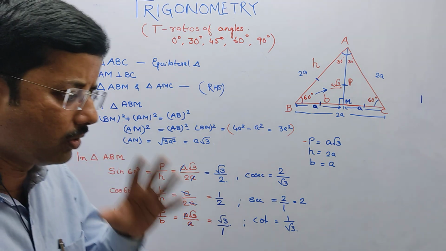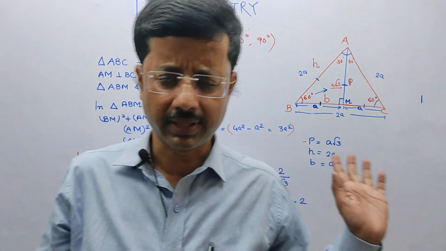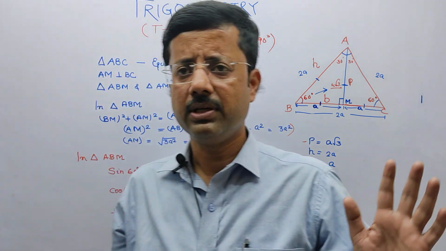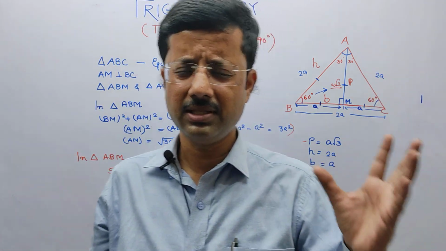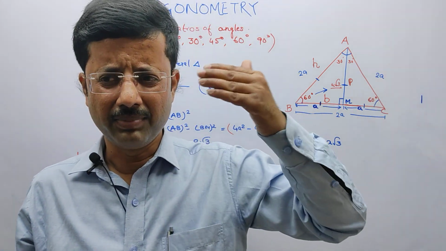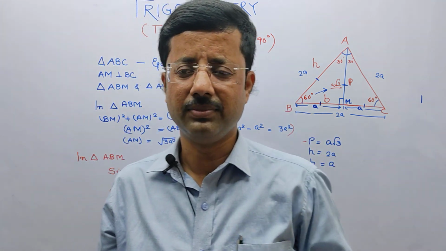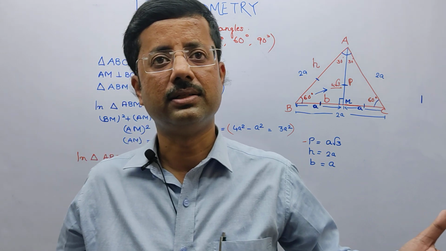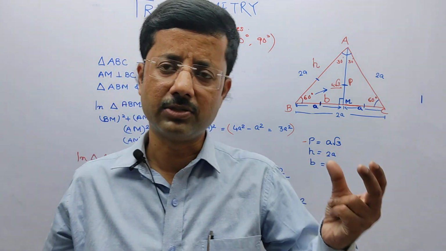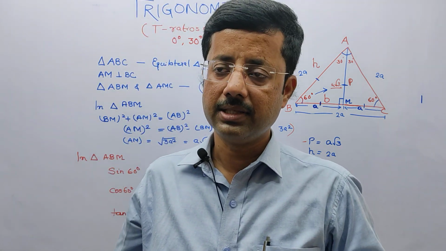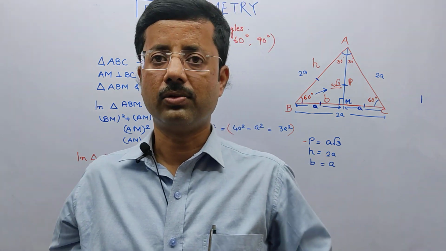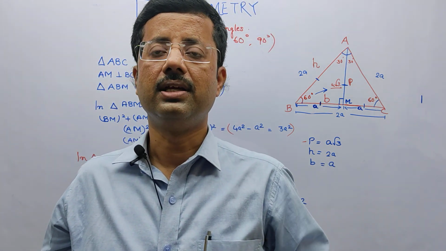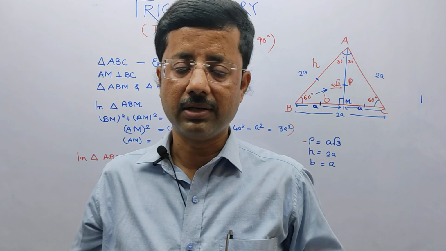Now have you ever thought one thing? Okay, we have calculated, we have seen, but doesn't it make you a little uneasy that the triangle we are talking about, the 60 degree angle triangle, can be a very small triangle also. A 60 degree triangle can be a very big triangle also. It can be a very enlarged giant kind of triangle also.